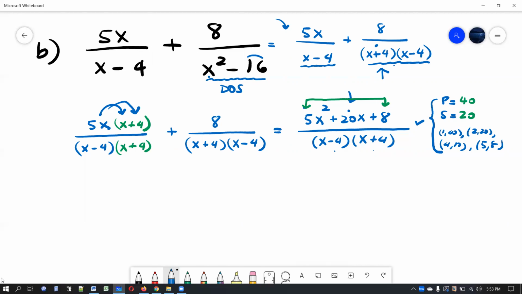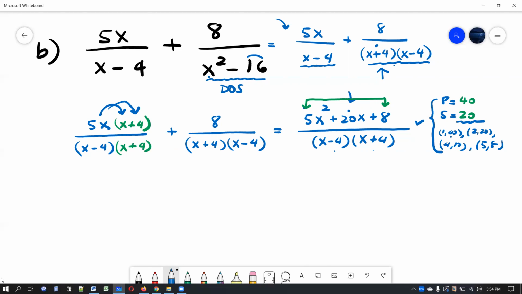So let's see if we didn't miss anything. 1 and 40, 2 and 20, 3 doesn't work, 4 and 10 works, 5 and 8. And is there anything else? I think that's it. So out of these possible 4 pairs, I have to find out if there is one whose sum is 20.